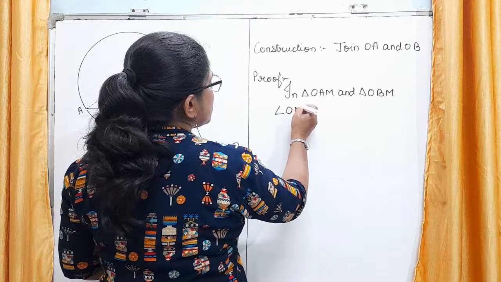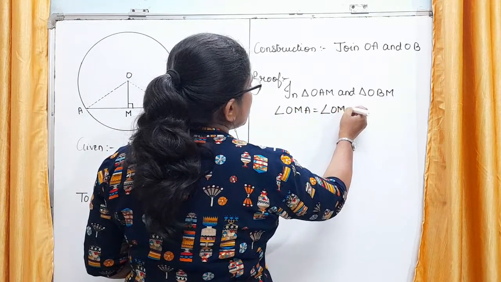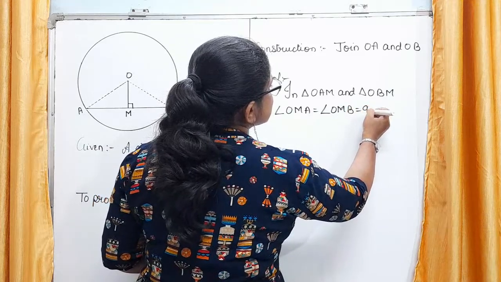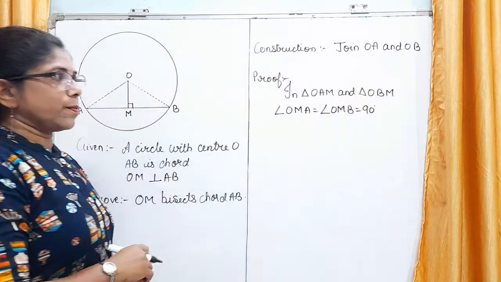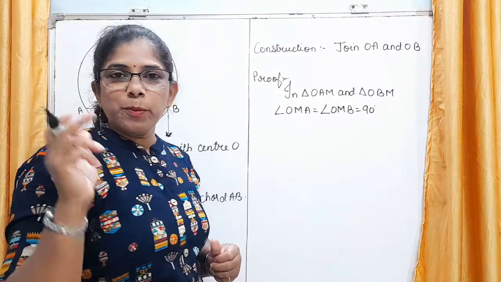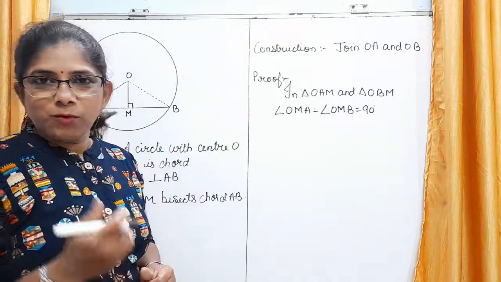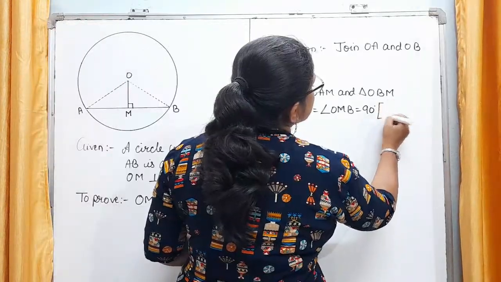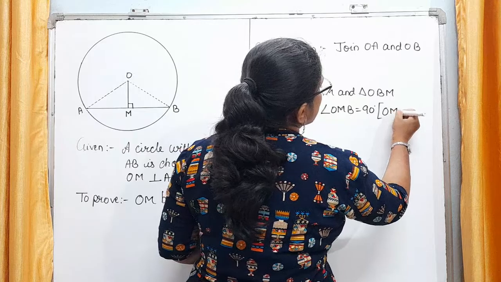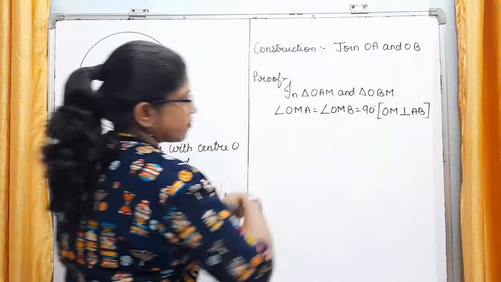Angle OMA equal to angle OMB, and this is 90 degrees. Now why this is 90 degrees? Because OM is perpendicular to AB. We have to write reason for each and every step what we write here. Let us write here: OM is perpendicular to AB.